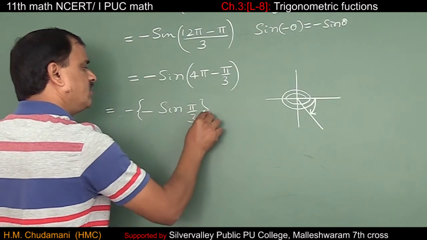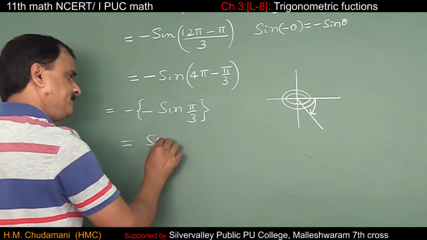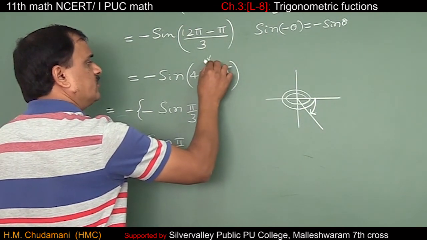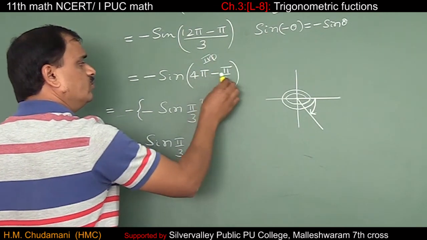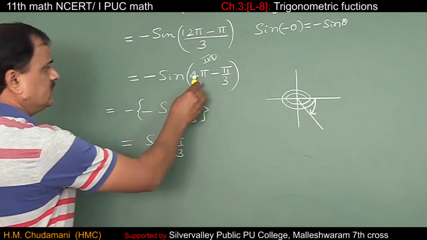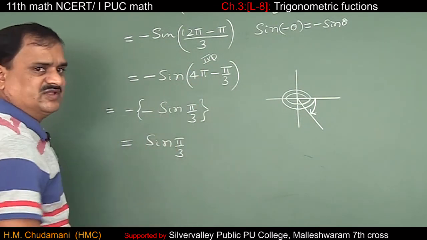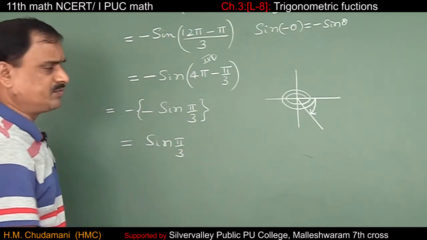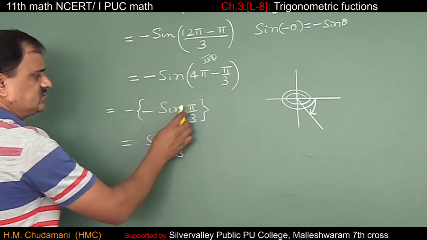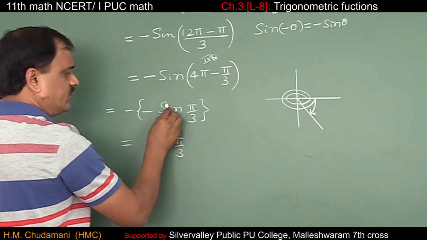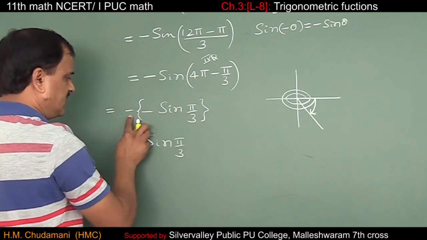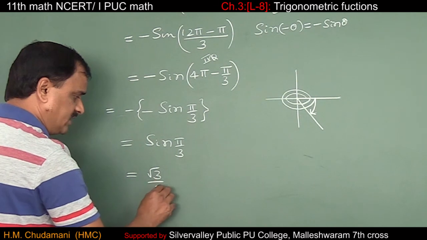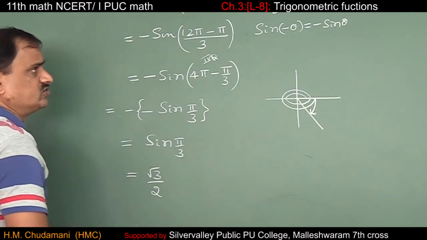Minus of minus is plus. 4 pi minus pi by 3 means fourth quadrant, while 4 pi plus pi by 3 means the first quadrant, where all are positive. In the fourth quadrant the sign should be negative, so minus sin pi by 3, minus of minus is plus sin pi by 3, which is root 3 by 2, sin 60 degrees, root 3 by 2.